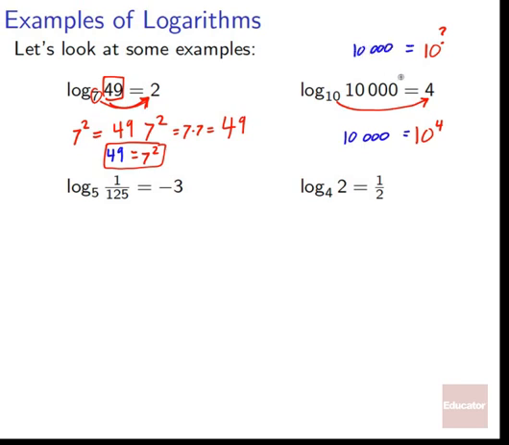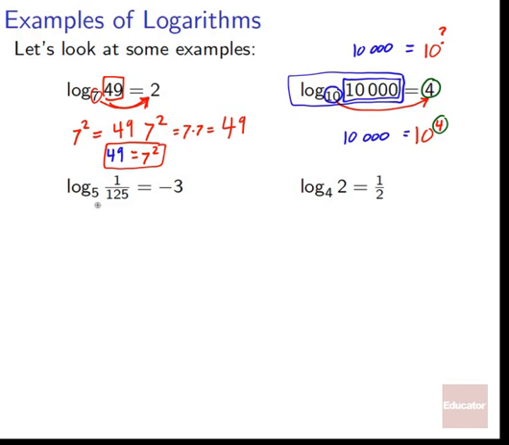That's what log base 10 of 10,000 is effectively asking. It's saying what number do we have to raise 10 to, raise our base to get 10,000 as the end result. 10 to the what equals 10,000, and the answer to that is 4. So if we take 10 to the 4th, we get 10,000, and sure enough, we see that that is 10 times 10, 100 times 10, 1,000 times 10, 10,000.